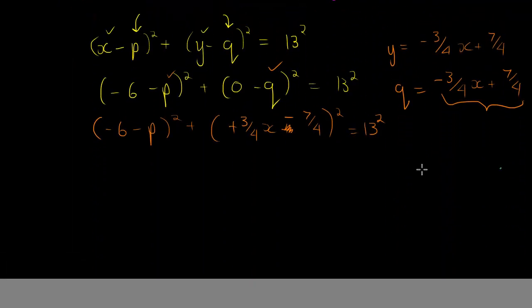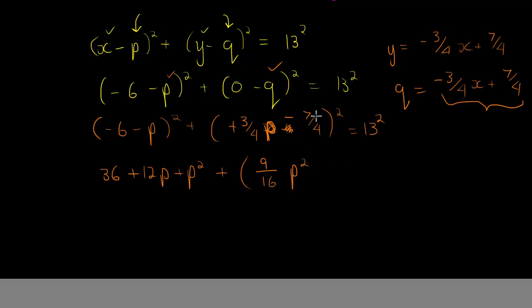Now it's simply multiplying it out, solving the equation that's going to, oh sorry, and this must be a P. The equation that's going to result. So this is 36, negative 6 times P is negative 6P, and that's going to be twice, so it's positive 12P plus P squared, plus, oh, and this is just ugly. Okay, so negative 3, that's 9 over 16P squared.